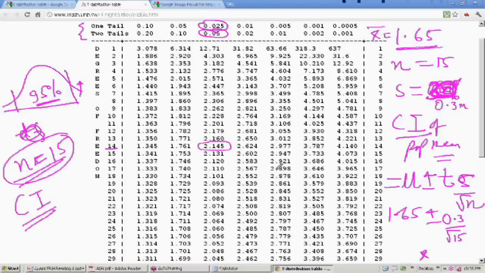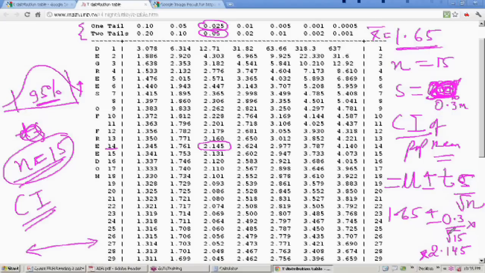So the value of T that I will take is 2.145. So 1.65 plus minus 0.3 by root 15 into 2.145. This will give you a value. And you find that this confidence interval range will be more, because here your N is lesser, as a result this is higher. Here your standard deviation is also more.